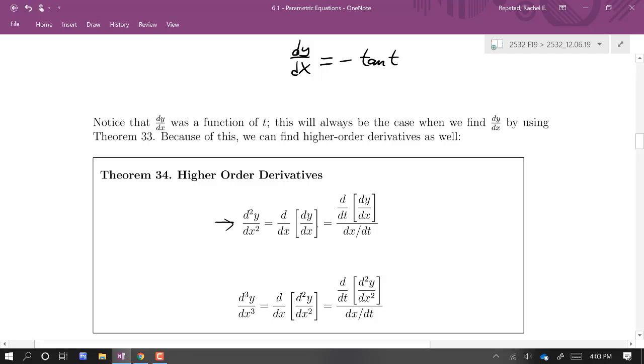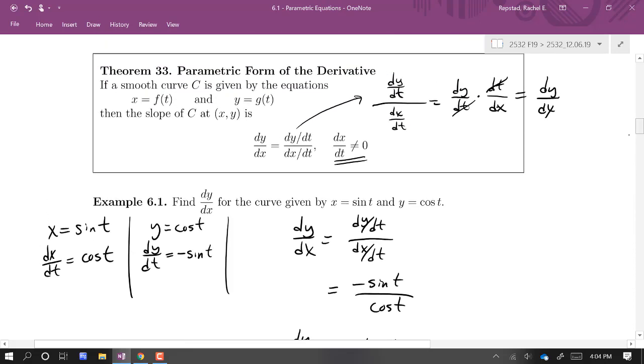That's what it means to take a second derivative: just differentiate that derivative with respect to x. So using Theorem 33, I'm going to take the derivative with respect to t of dy/dx and divide that by dx/dt. Just like when I was looking for the first derivative, dy/dx, I just took the derivative of y with respect to t and divided by dx/dt.